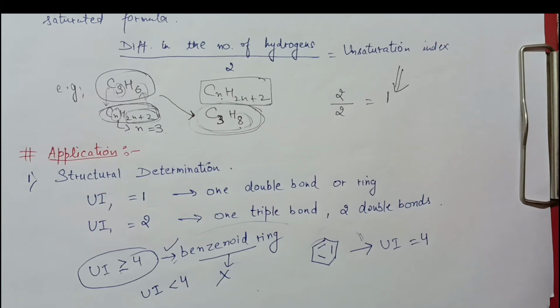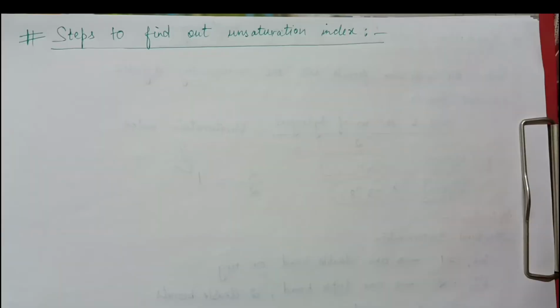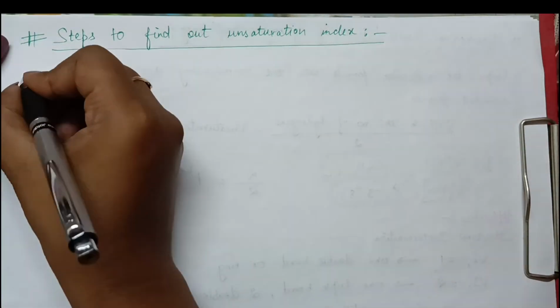We will go through the various steps involved in finding the hydrogen deficiency of any given compound. There are basically 4 steps which we have to follow to find the unsaturation index for any given molecule.